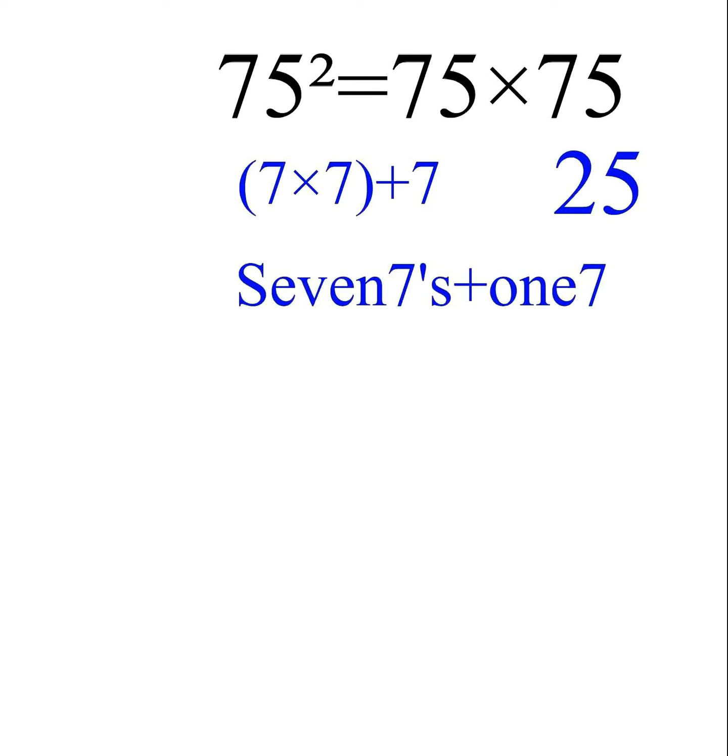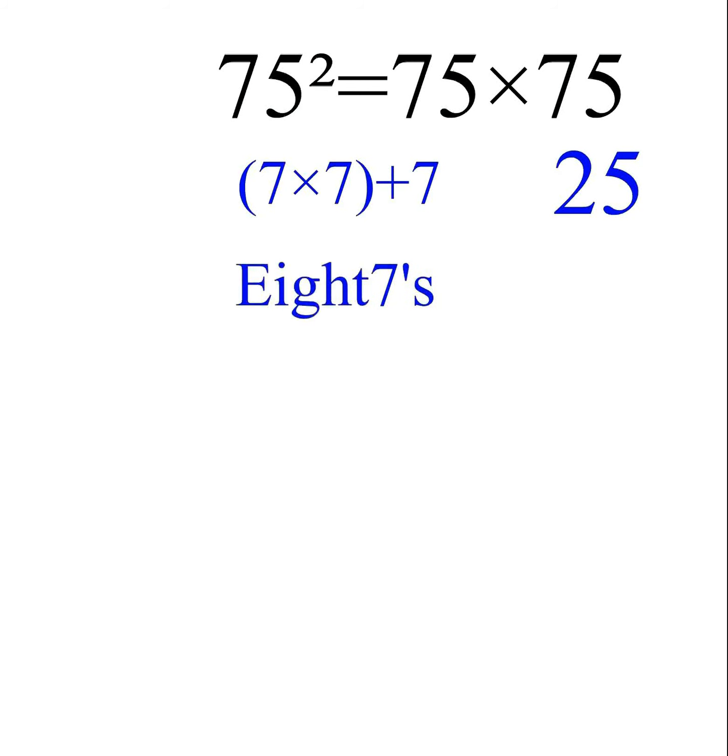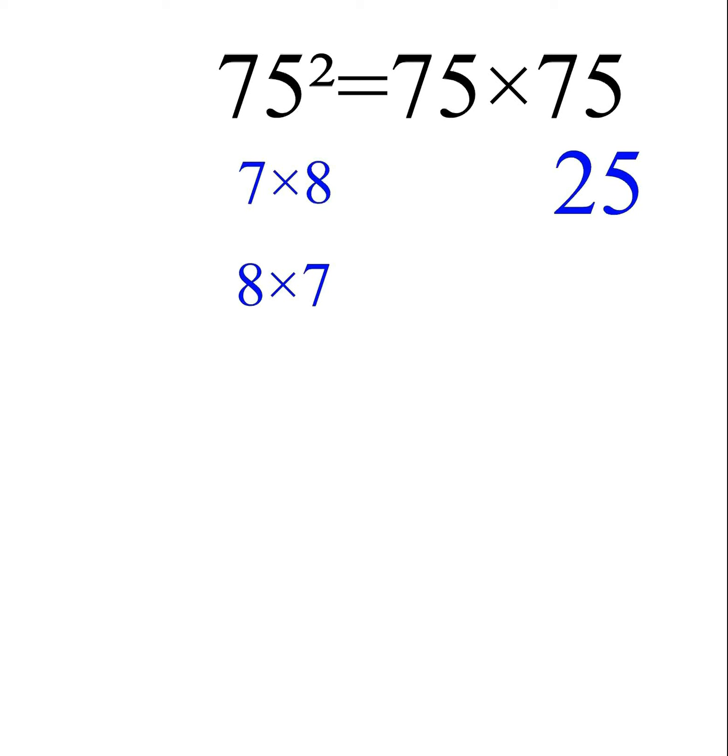And that would be 8 sevens. Just like 7 apples plus 1 apple would be 8 apples. So 8 sevens means 8 times 7. And that would be 56. And we write it down next to 25.